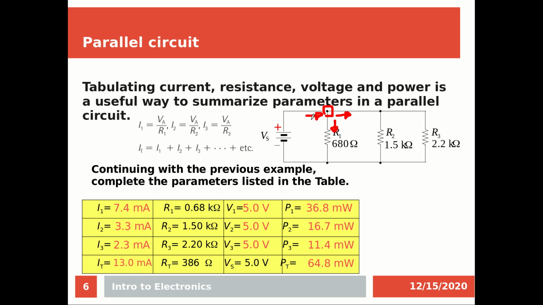So here we have I1, here we have I2, here we have I3. Okay, so I1 is supposed to be equal to I2 plus I3, whatever the values. Whatever the summation of the currents that enter one node, it is equal to the summation of the currents that leave this node.